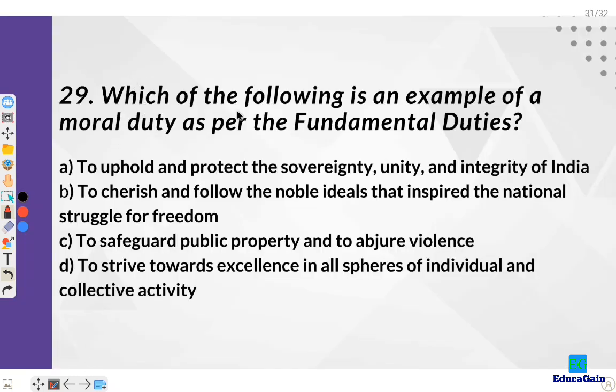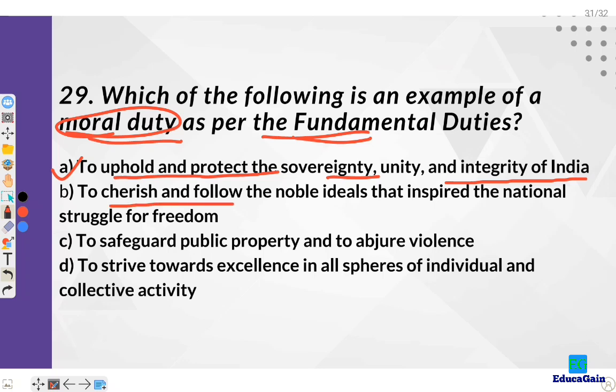Question number 29. Which of the following is an example of moral duty as part of fundamental duties? A saying to uphold and protect the sovereignty, unity, and integrity of India. B, to cherish and follow the noble ideals that inspired the national struggle for freedom. C, to safeguard public property and to abjure violence.